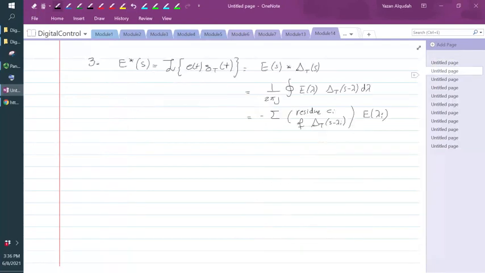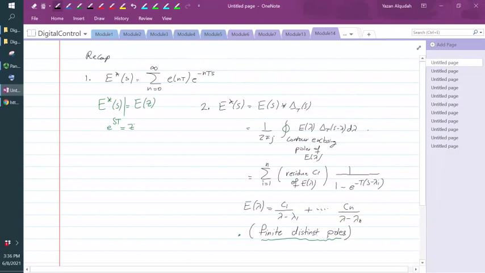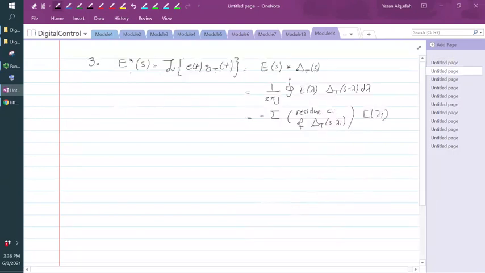Now what we're going to do is get a third expression for E star of S. So starting with the second expression, we said E star of S is the Laplace of the multiplication in the time domain, which is going to be the convolution in the S domain, E of S multiplied by delta T of S. And this is going to equal 1 over 2 pi j, the integral of E of lambda delta T of S minus lambda.